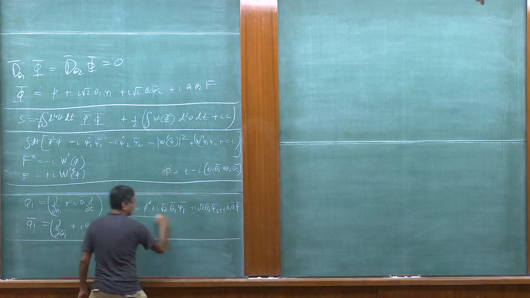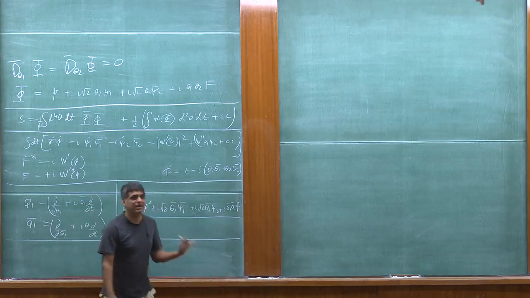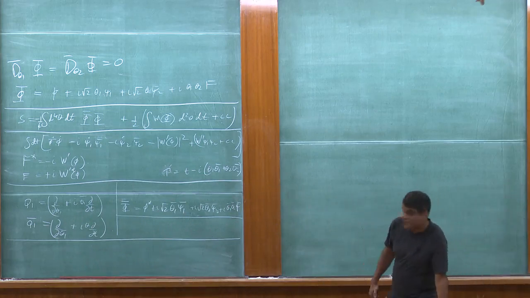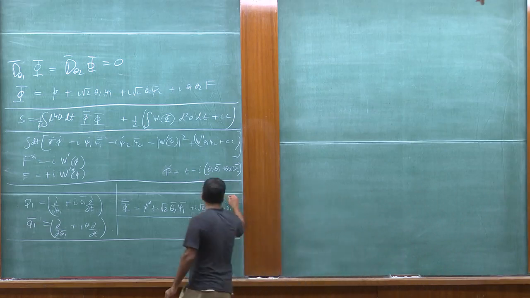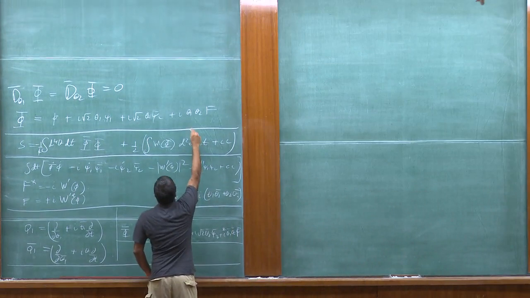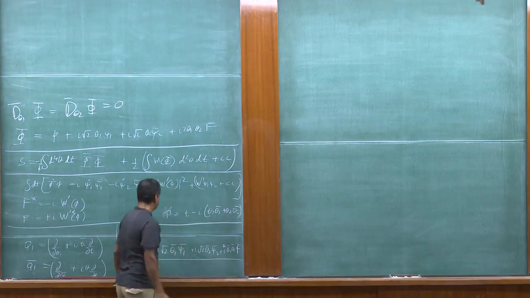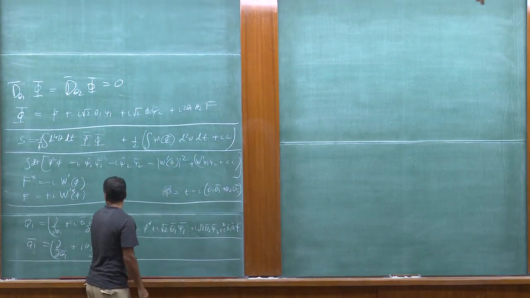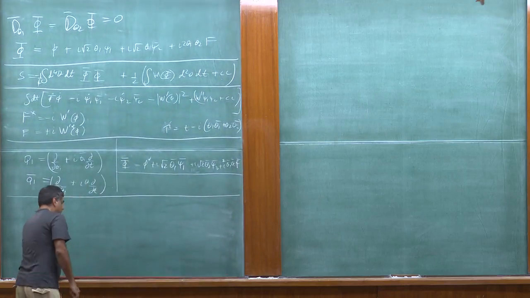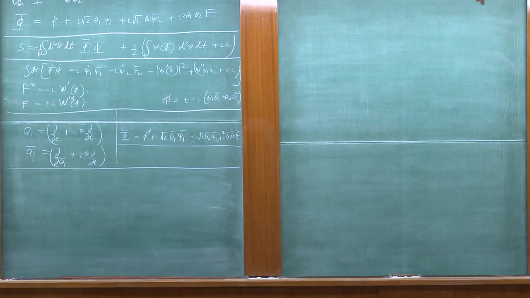Bar means complex conjugate, and everything is now a function of tau bar. There's a factor of 2 in the last thing. Okay. So we want to work out the supersymmetry transformation properties of this field.